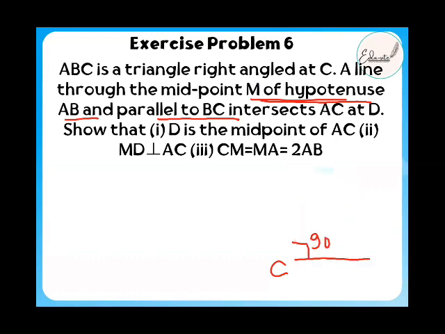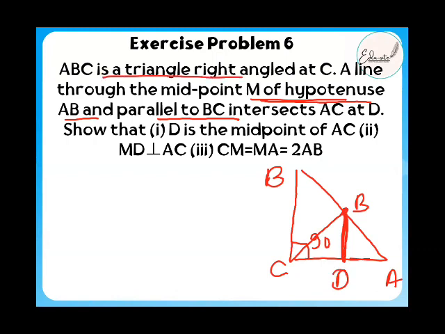We cannot write B here. You have to understand it in this way. Why? Because the question is given such that there is a point M here, and they have drawn a line which intersects AC, and this is parallel. So from the statement that is given here, you have to draw it in this way itself. Okay Laiba, they told us that we drew an intercept on AC. Okay. Now the question is, show that D is the midpoint of AC.